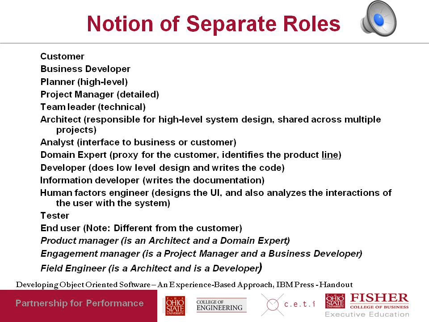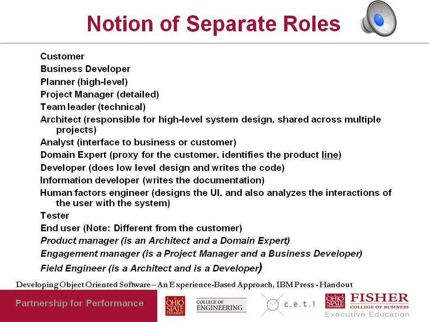At the end of this list, you will see a set of roles in italics. Those are hybrid roles. So many companies will have what is known as a product manager. This product manager is responsible for making sure that the system they are building, which is being sold as a product, has the necessary features and also has the necessary evolution path towards adding new features.